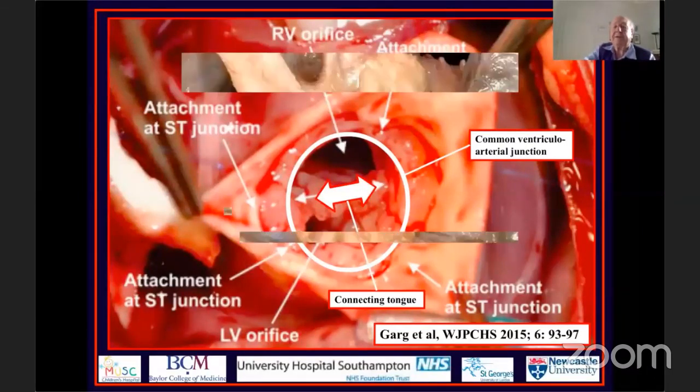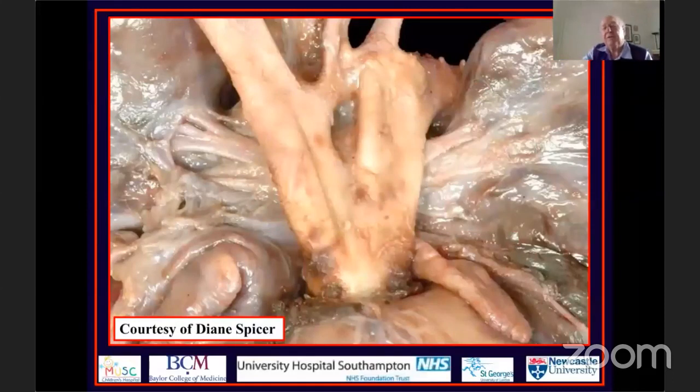Diane Spicer has now found a heart that is virtually identical to the case that we came across at surgery. And this now emphasizes the importance of approaching the defect we see as a ventriculo-arterial septal defect. So this is the external view of the heart that's being processed by Diane Spicer. All of these are her superb images.